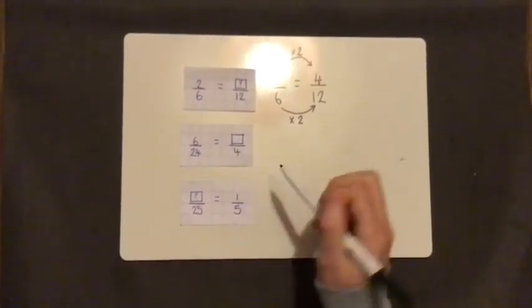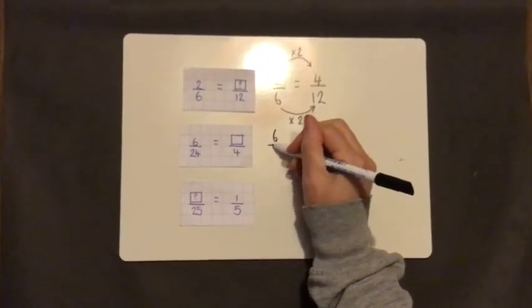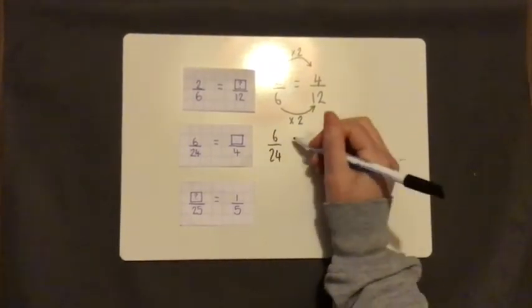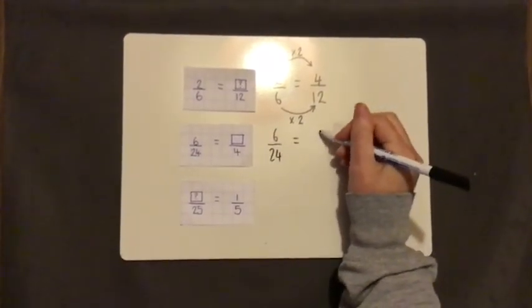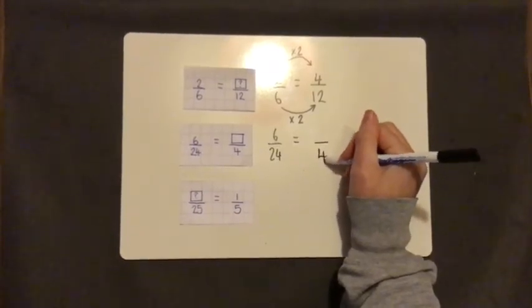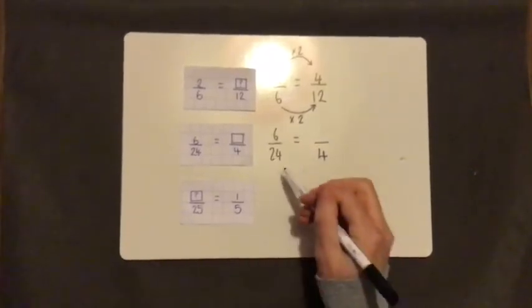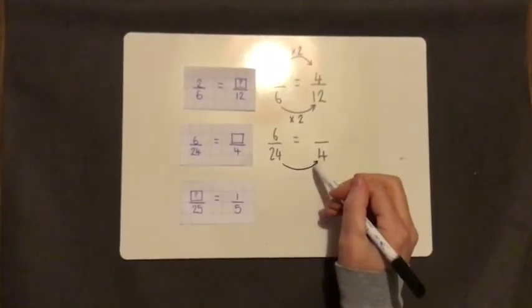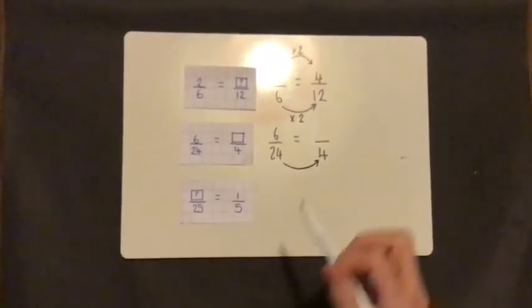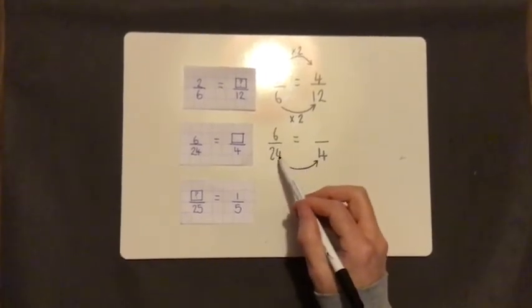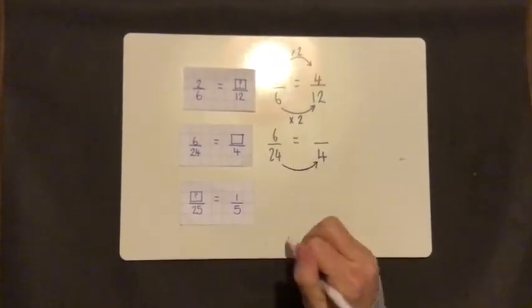Moving on to the next one. We've got 6/24 are equal to something quarters. Our numerator is missing here. So we're going to use our denominators again. We're going to think about, how can I turn 24 into fourths?